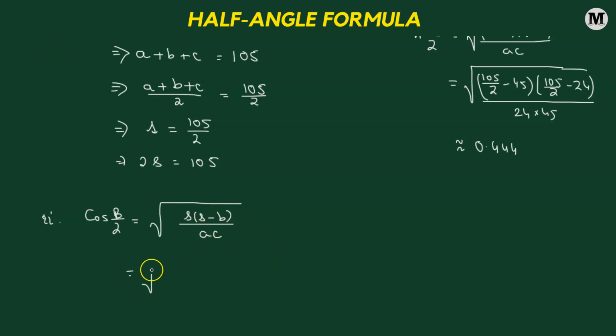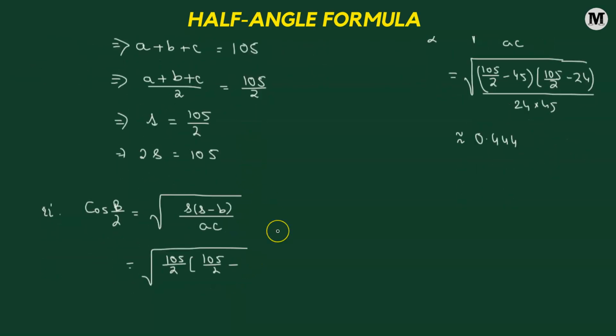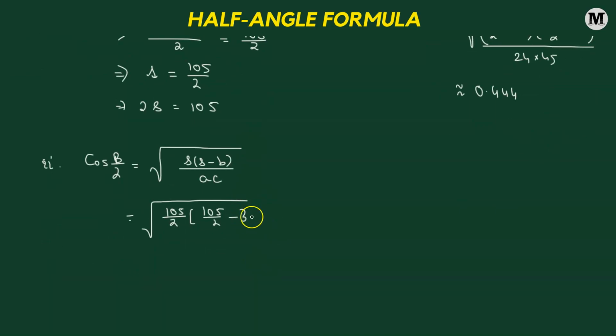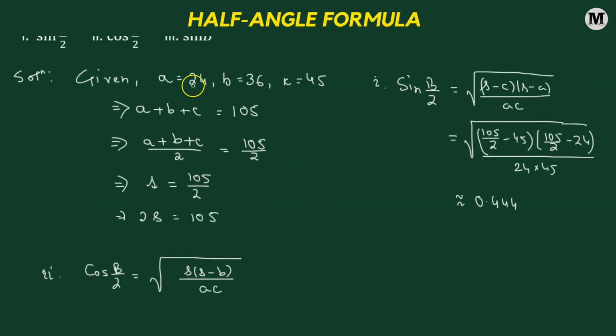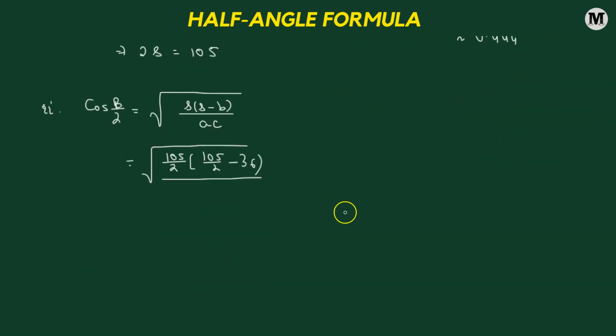So we have the square root of S, which is 105 over 2, multiplied by 105 over 2 minus B, where B is 36, divided by A times C. Here A times C means 24 multiplied by 45.